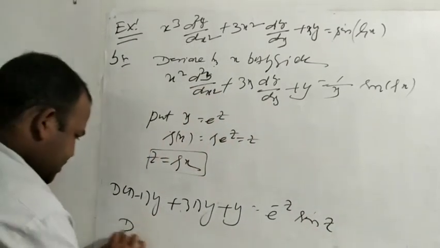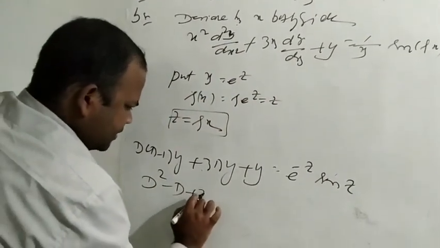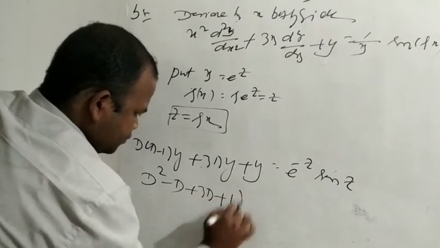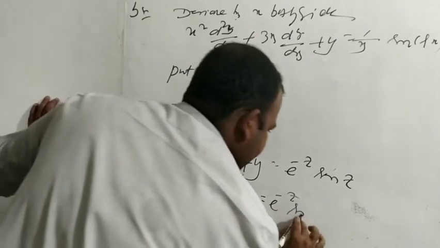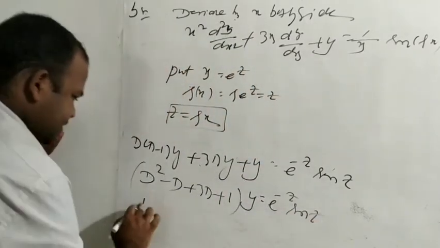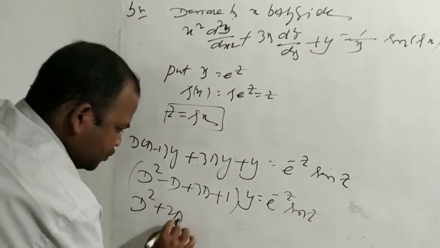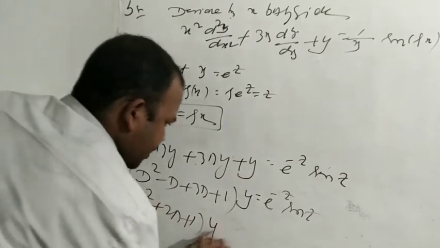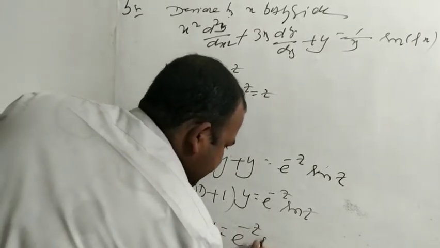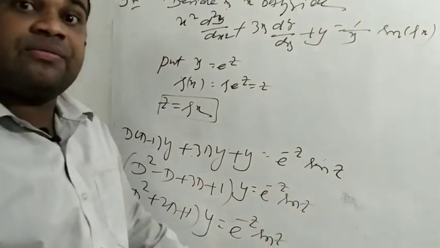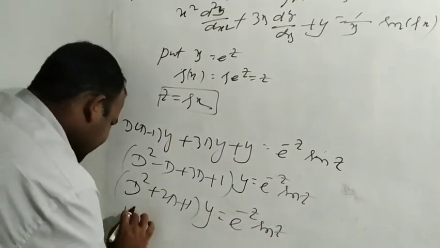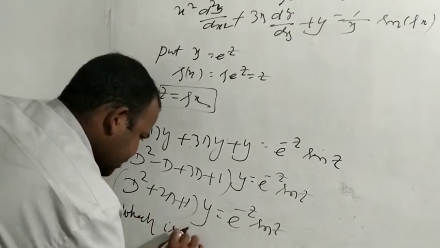Okay. So this is (d square minus d plus 3d plus 1) into y equals to e raised to minus z sin of z. So this is (d square plus 2d plus 1) into y equals to e raised to minus z sin z. F of d into y equal to f of z, which is linear differential equation.